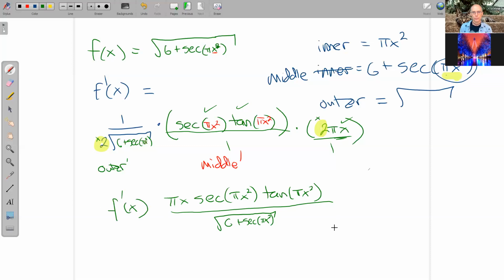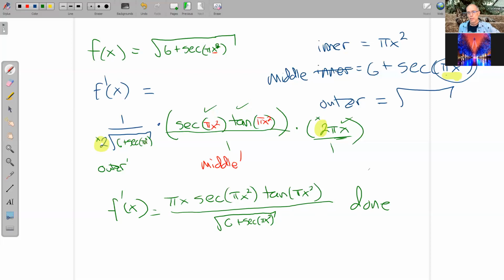I'm not familiar with a trig identity for secant times tangent. Pretty sure there's not one that makes it any better. 93% certain. Yep, done.